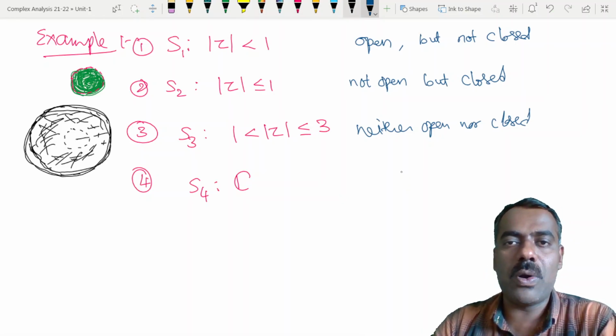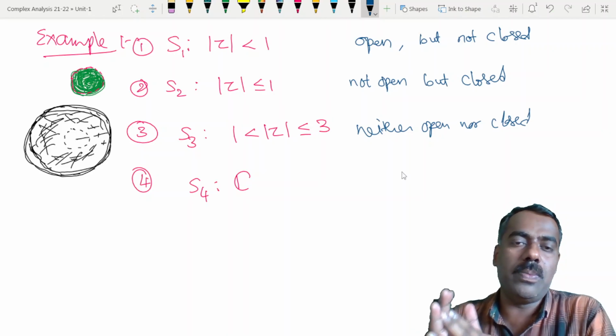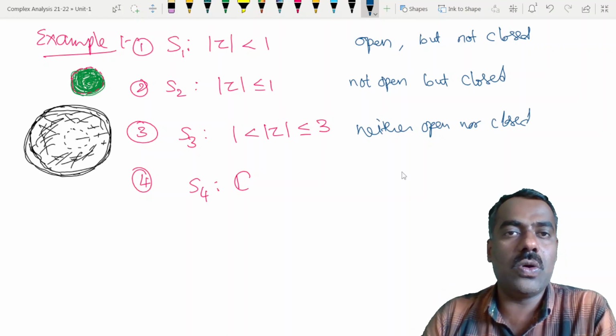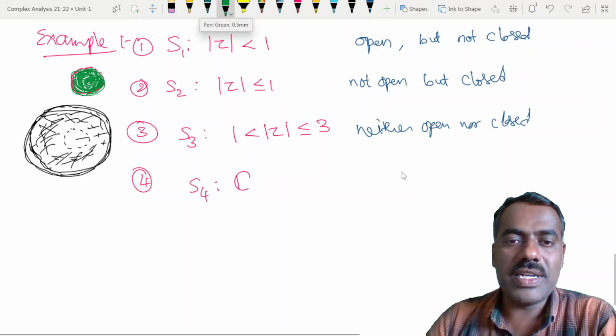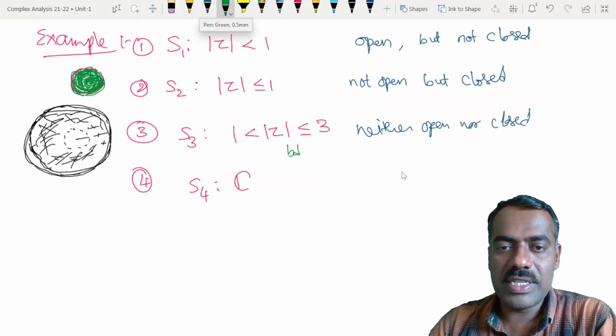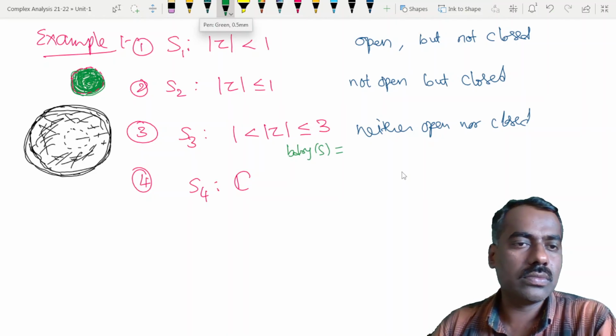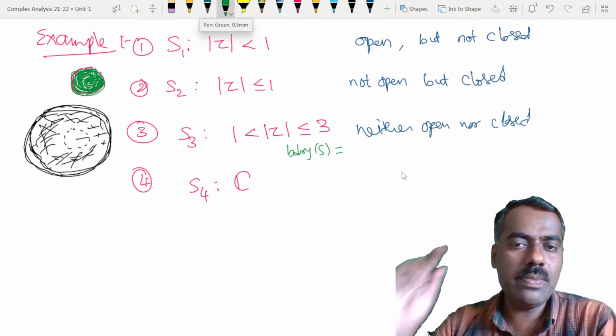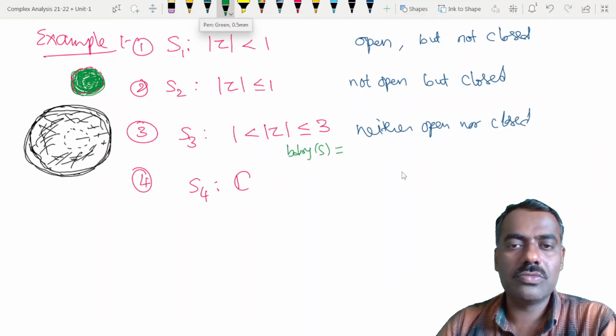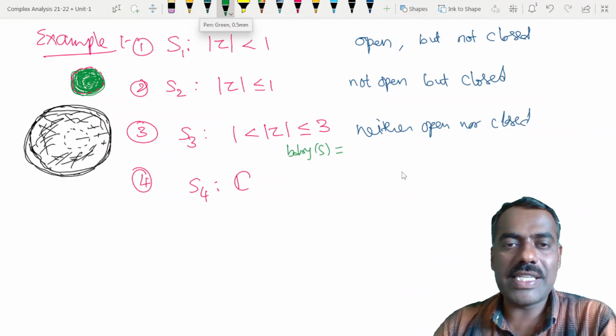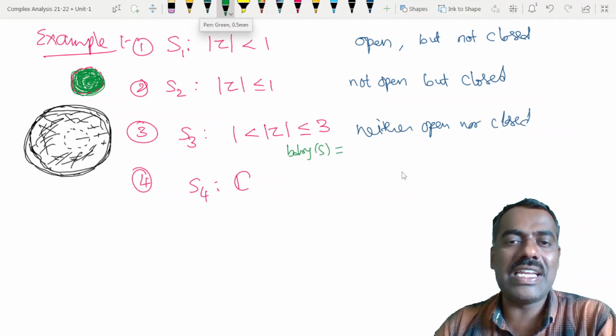Somebody tell me what is the boundary for S3? Because you should know the boundary, then only you can see whether it is open or not. Can somebody tell the boundary? See, when you say boundary, it means all points Z satisfying some condition.